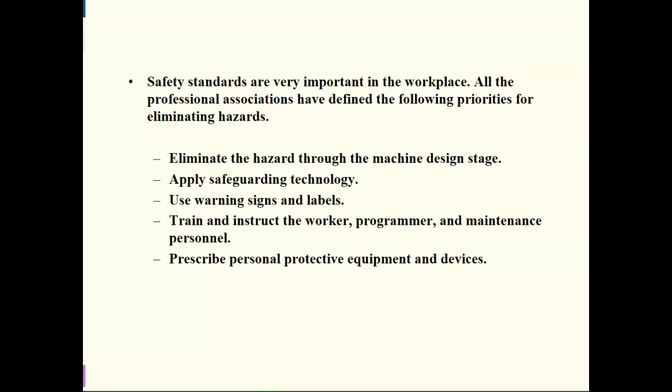In other words, they need to provide you with PPE. They need to provide you with training. They need to make sure all the warnings and labels are where they need to be. All the safeguards are in place. And maybe even design it so that you can't hurt yourself, can't get your fingers where they need to be in danger. Right?